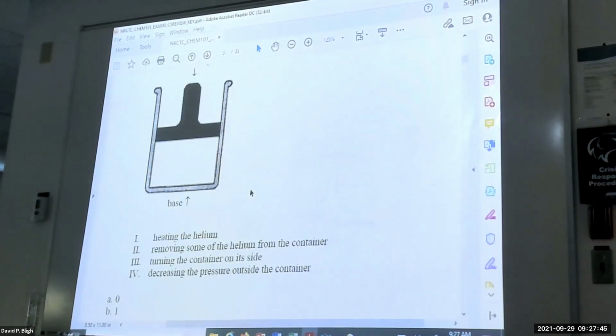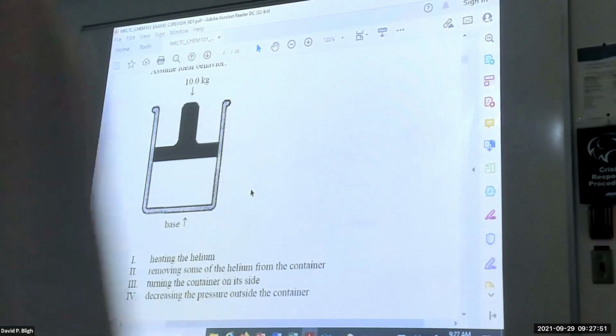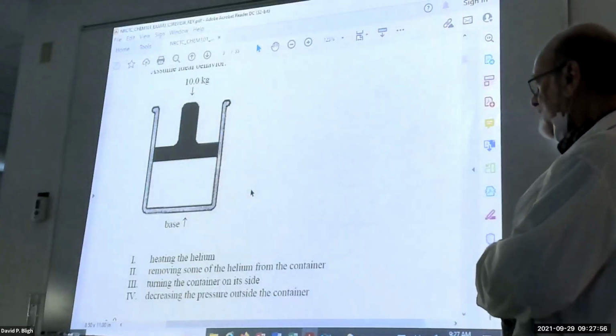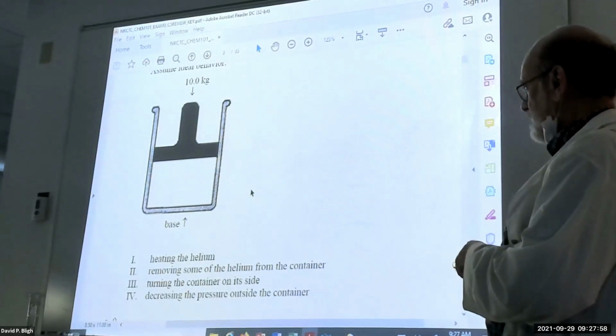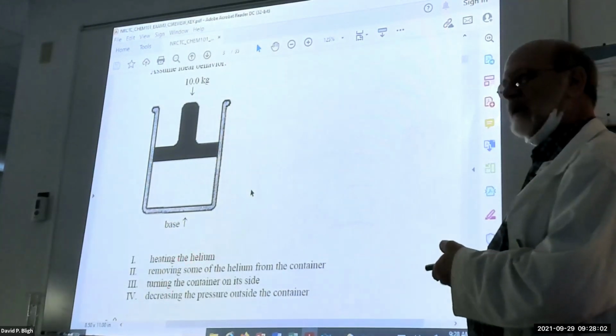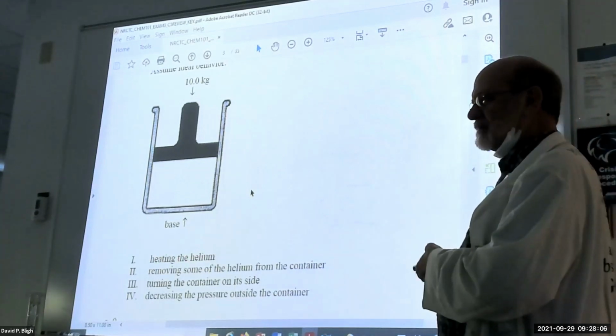Okay, how many of these, Roman numeral 1 through 4, will increase volume and decrease pressure? What if we heat it? Well, that'll increase volume, won't it? Will it decrease pressure?